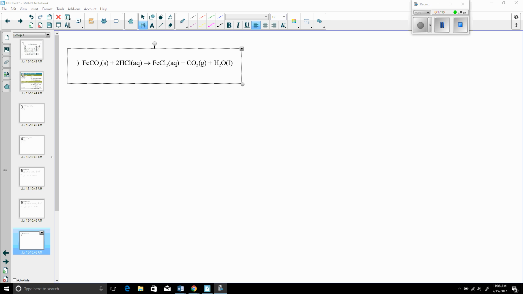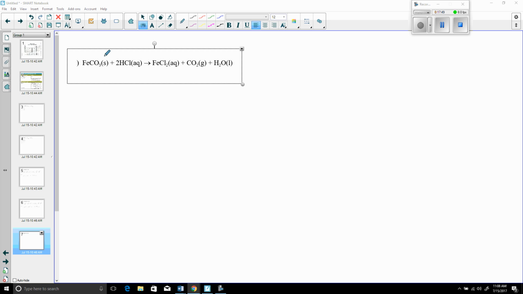Okay, for this next one, we're going to see that we have iron 2 carbonate, which is in the solid form, react with hydrochloric acid. Now, when this iron carbonate is placed in water, it will not dissolve.